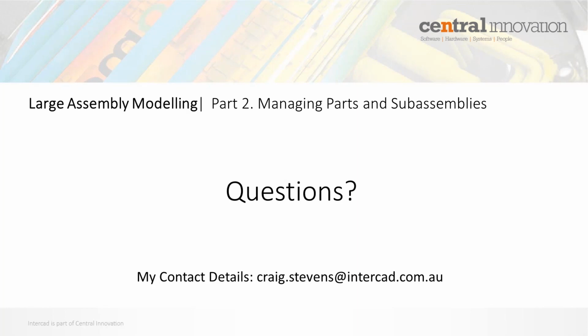It looks like there's a couple of questions from Wojtek. Do you have to set up those simplified versions of components before you can create the simplified configuration at the assembly level? No, you can push the simplified configuration down, so you set that up in the assembly.